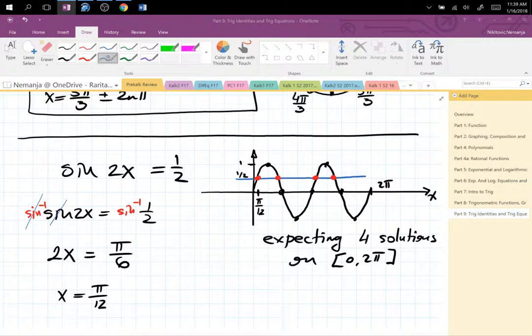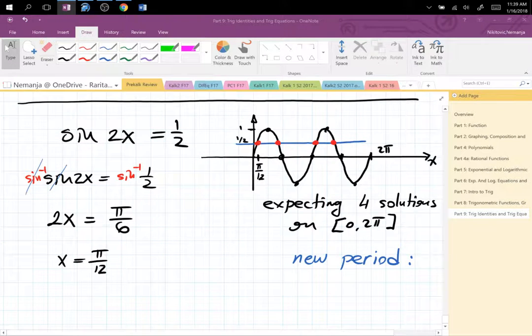Now, what's the new period? Is it pi? Is it 2 pi? What is the formula to calculate period from Friday? For graphing. P equals 2 pi over B. So the new period is pi. Aha.